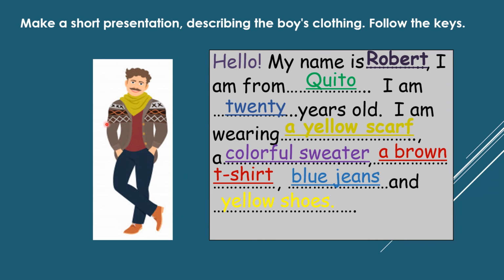No olvide que cuando tenemos un solo objeto, como en el caso de la bufanda o yellow scarf, nosotros utilizamos a or an, en este caso a porque es una. Un suéter, ¿sí? A colorful sweater, también una camiseta, a brown t-shirt. En el caso del jean, en inglés se lo considera plural y los zapatos también. Entonces no ponemos ningún artículo. Miren, no artículo, aquí no va, solo blue jeans and yellow shoes. And finish the presentation for this.